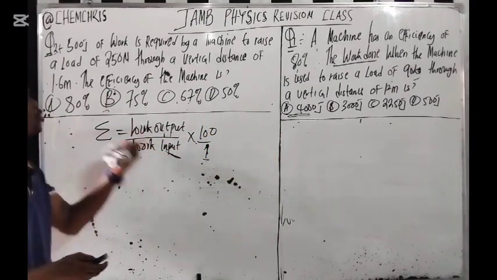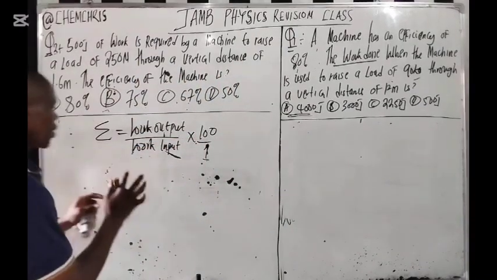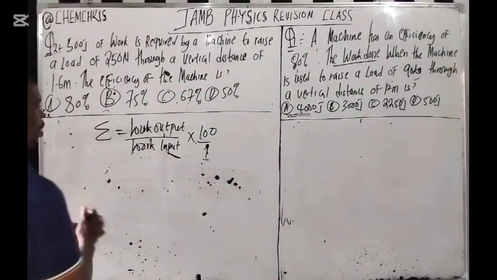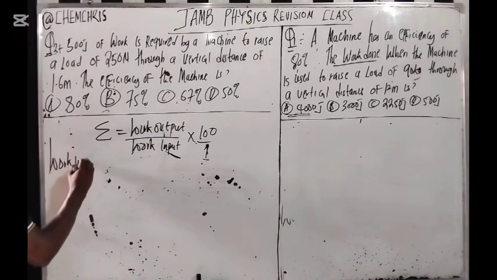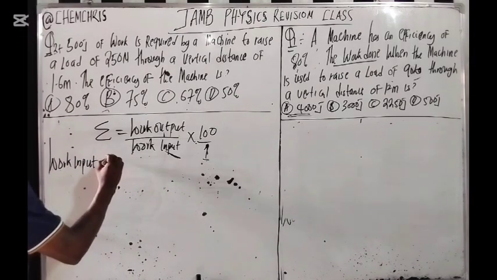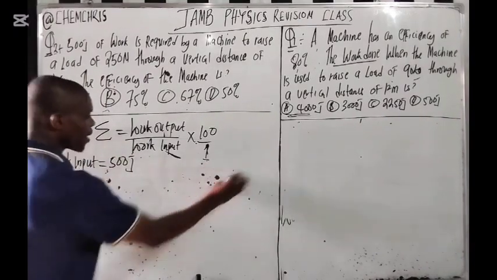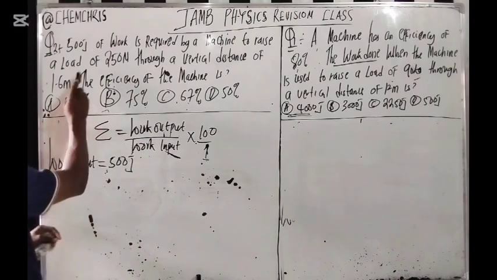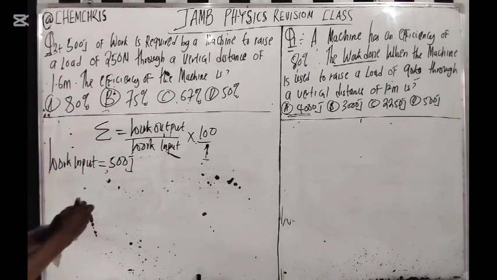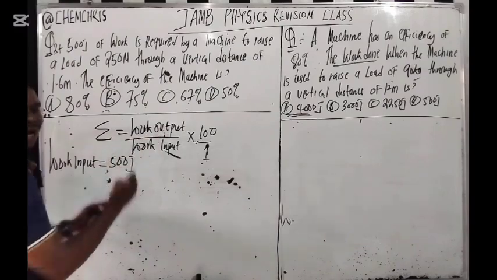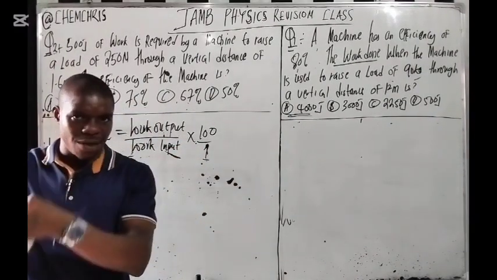The question has already given you the work input, which is 500 joules. Now they also gave you the load and the distance moved by the load. Work output is load times distance moved by load.